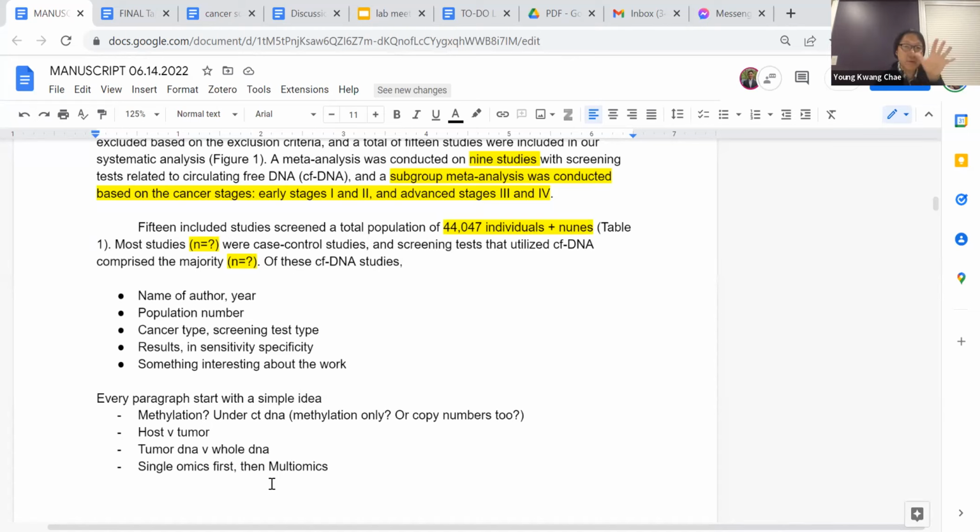So that's really abstract, and then you describe each platform under that. So try to start the first sentence of each paragraph with the main idea, then methylation, and then proteomics, and whatever that is, and then try to utilize first, second, lastly.